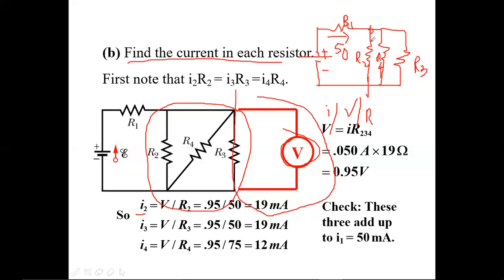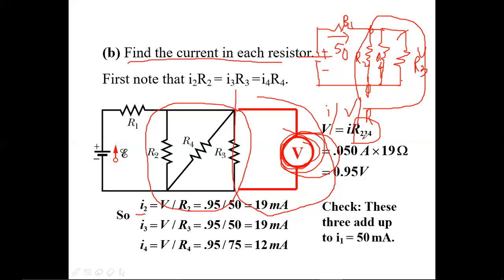Now the voltage across these three resistors is the same. That voltage is nothing but V. This voltage, this red indicated line, is the same for these three resistors. Then V is equal to I into R234, and this is the equivalent resistance.